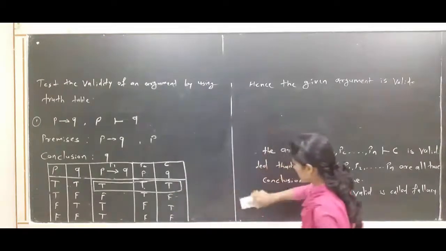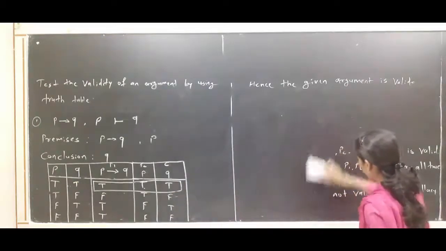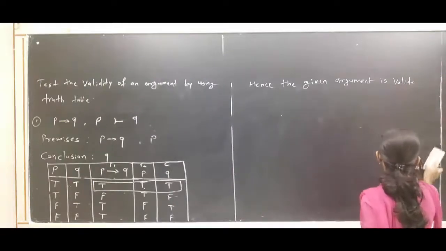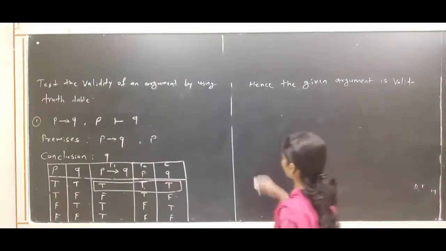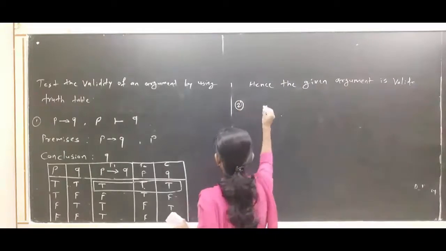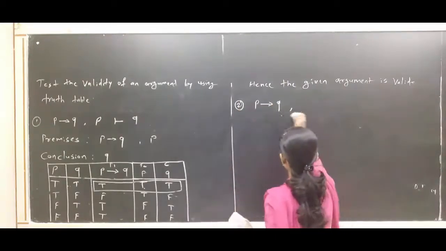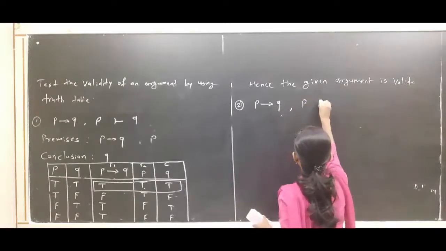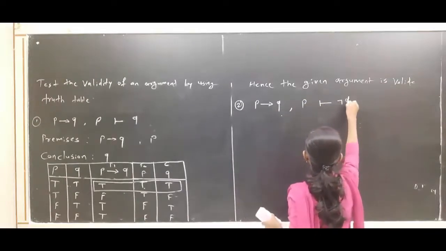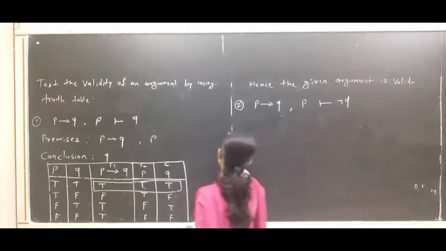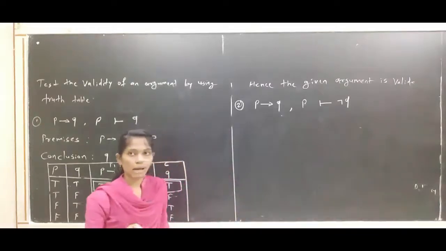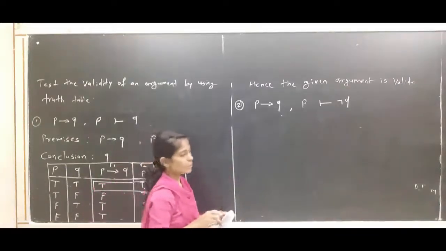Now we take the second example. Second example: P implies Q, P, conclusion negation Q. Now we want to check whether this argument is valid or not by using a truth table.